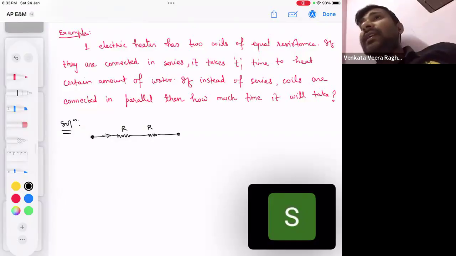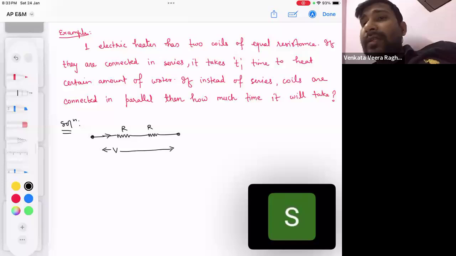Only the internal arrangement of the copper coil has been changed. Understood? So this time I am to apply the V voltage across this.